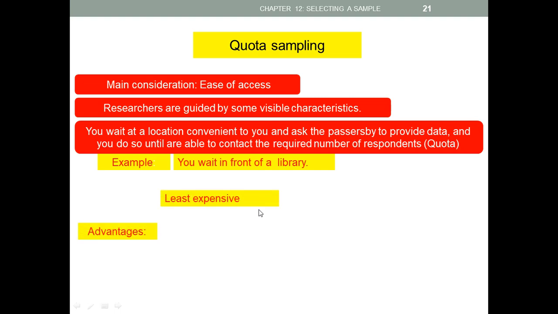The advantages of quota sampling: it's the least expensive. You can see that quota sampling is less costly, the least costly. Why? Because you wait at a location, you observe the people who possess the characteristic, you approach them, and you collect the data.